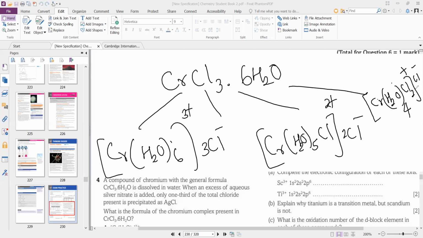These are the possibilities. The question says only 1/3 will precipitate as AgCl when you add silver nitrate. So if you add silver nitrate to this, all the chloride will precipitate. They will remain as ions. Then 2/3. 1/3. So the answer is this.